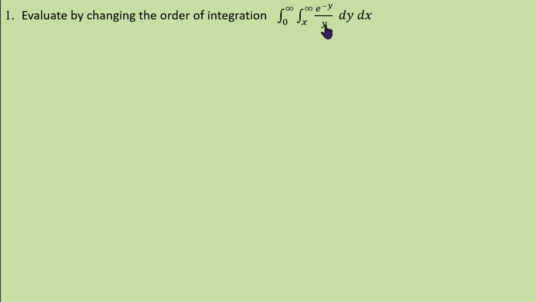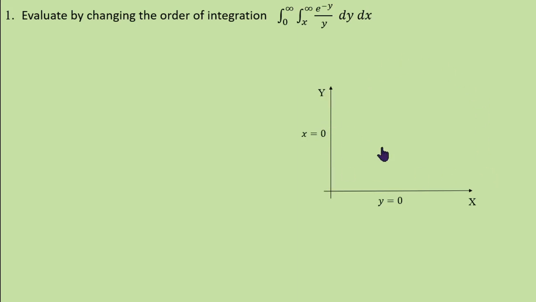Before changing the order of integration, we need to find the new limits, so it is required to discuss the area of integration. Here x varies from 0 to infinity, and for every x, y varies from x to infinity. How can we draw this area? Consider the x and y axes. X varies from 0 to infinity, where x equal to 0 is the y axis.